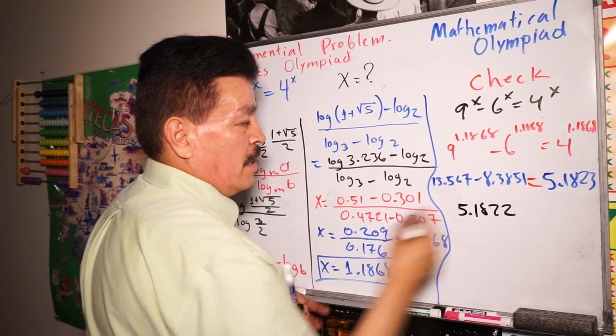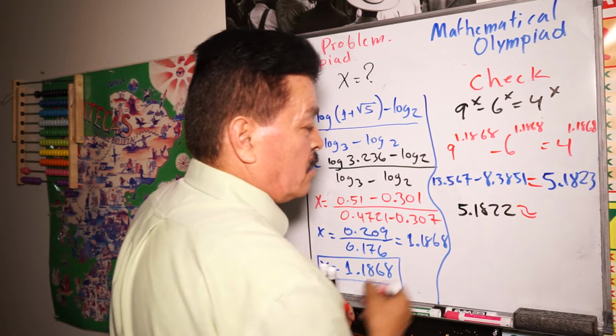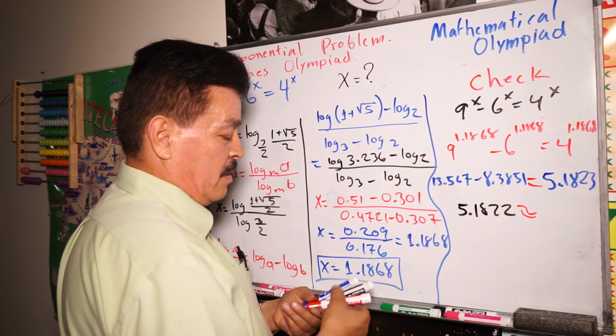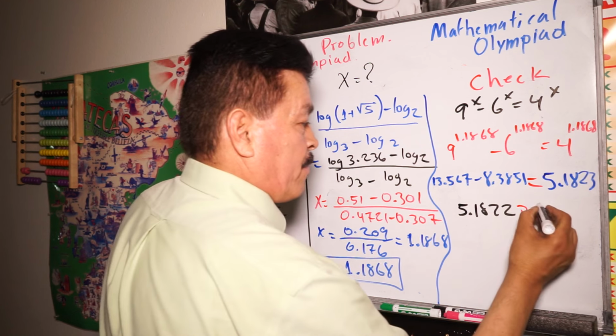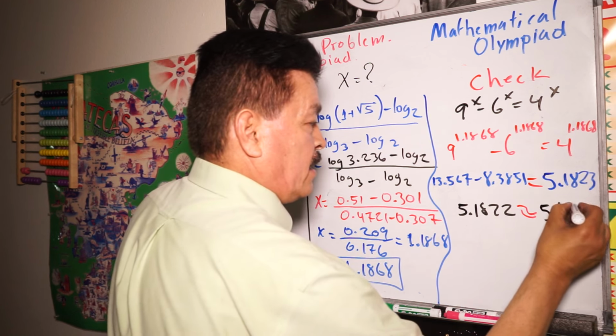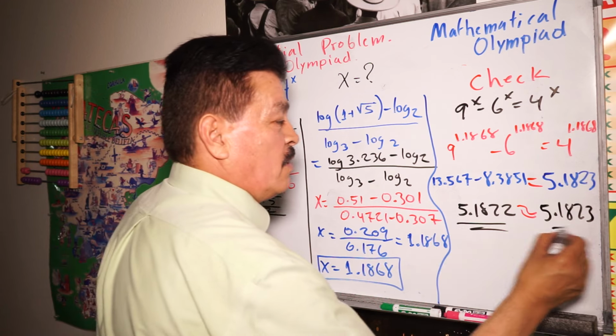See, here is very close, we are fine. So similar to 5.1823. See, so it is the same.